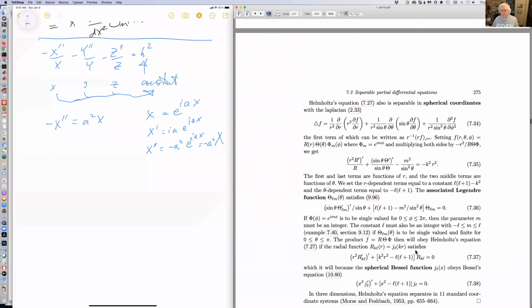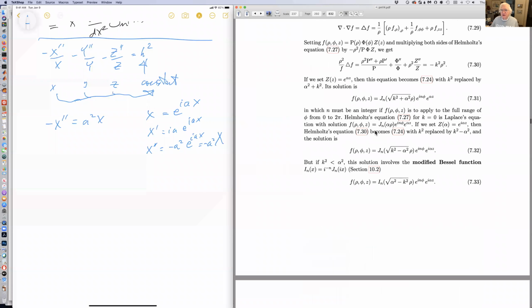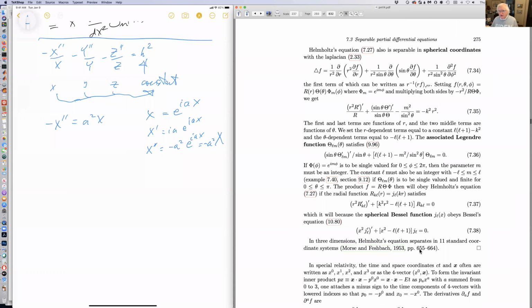Okay. Now, of course, you may be more used to seeing Helmholtz's equation in spherical than in cylindrical coordinates. In that case, we have this, the Laplacian. We set F equal to R of r, Theta of theta, Phi of phi.